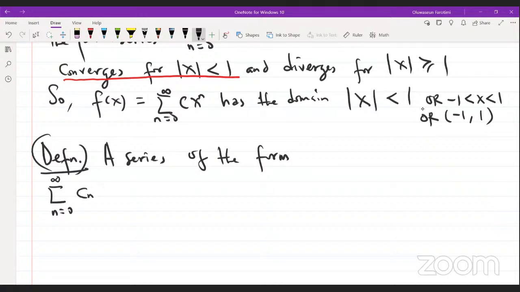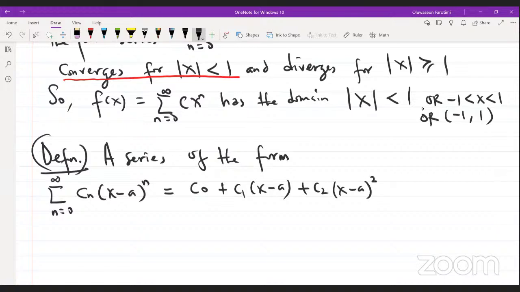So this is Cn (x minus a)^n. When n is going from 0, this is C0 plus C1 (x minus a) plus C2 (x minus a) squared, plus this can go on and on.